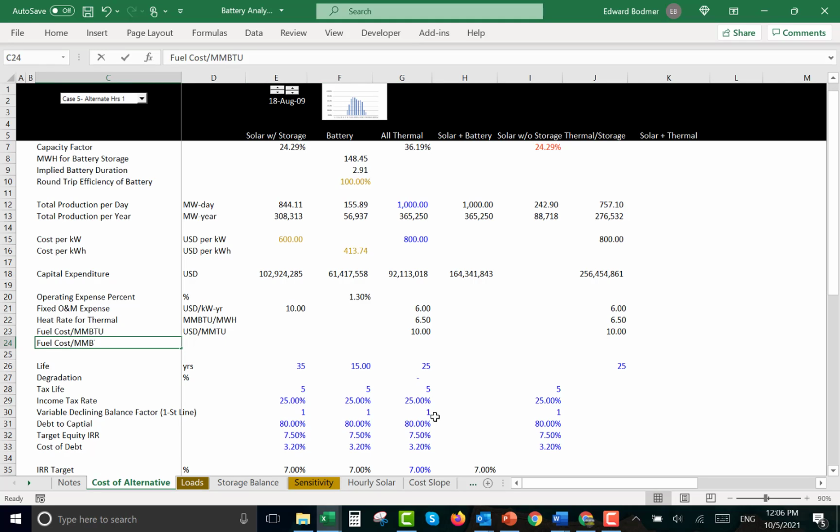And then I press Control D, and we can put the fuel cost per MWH in USD per MWH, and we just multiply the gas price times this, because MMBTU per megawatt hour multiplied by USD per MMBTU gives you the number.